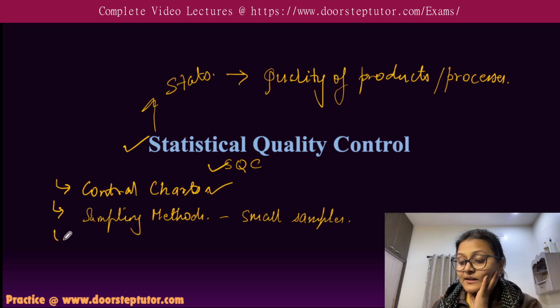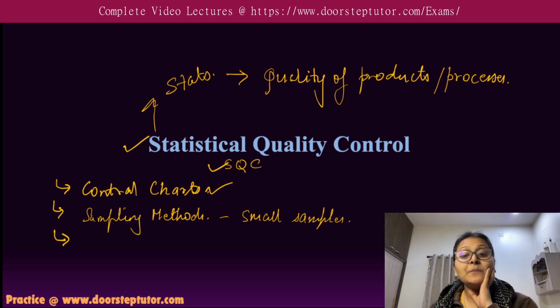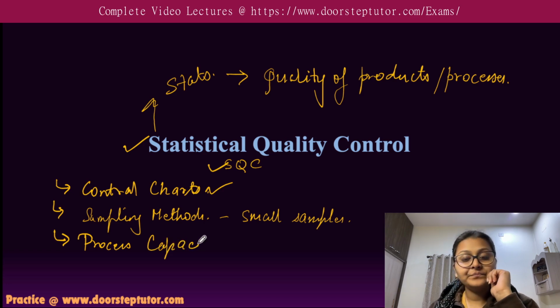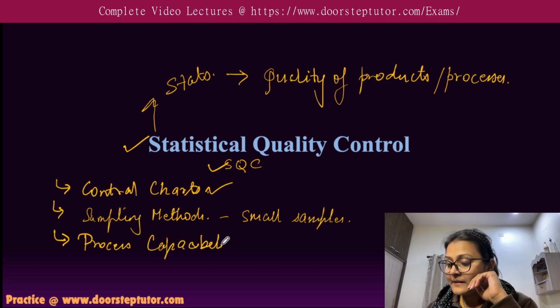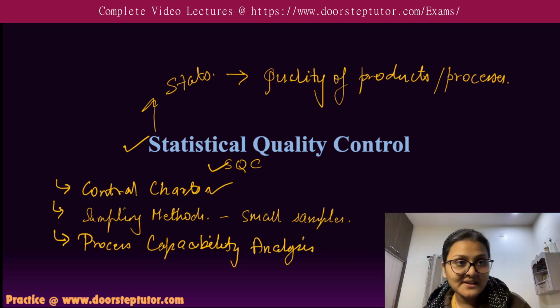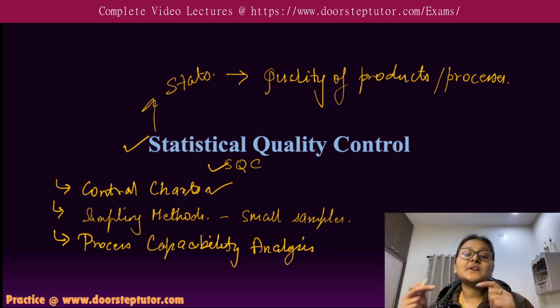The last statistical control tool would be process capability analysis. This checks if the processes are consistently producing items that meet the quality standard.